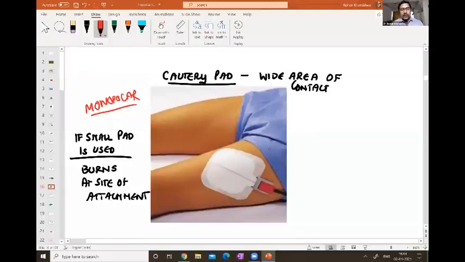Now, mind you, this is for monopolar cautery, not for bipolar. You don't need this. Also, if you use a small pad which is not fitting properly, that can give rise to burns at the site of the cautery pad. So good, a lot of you have seen this cautery pad.